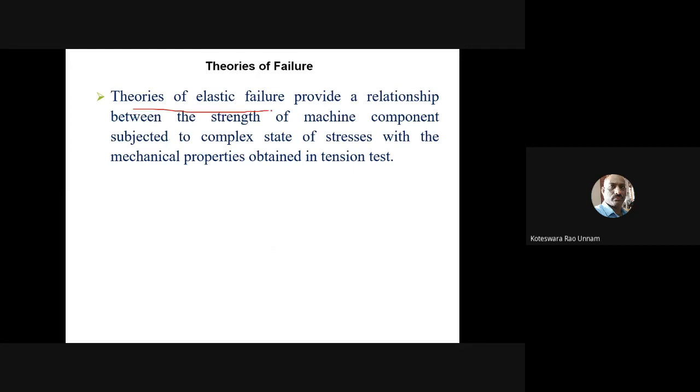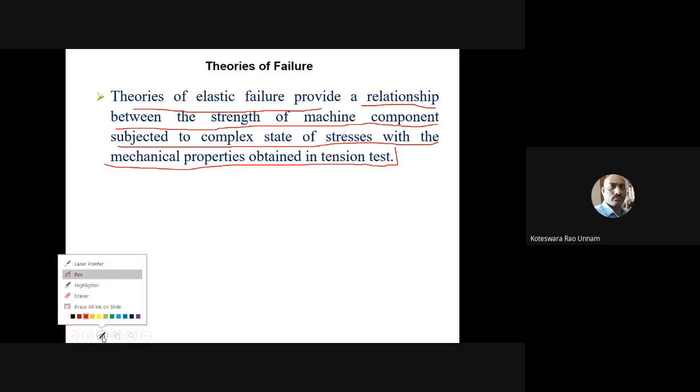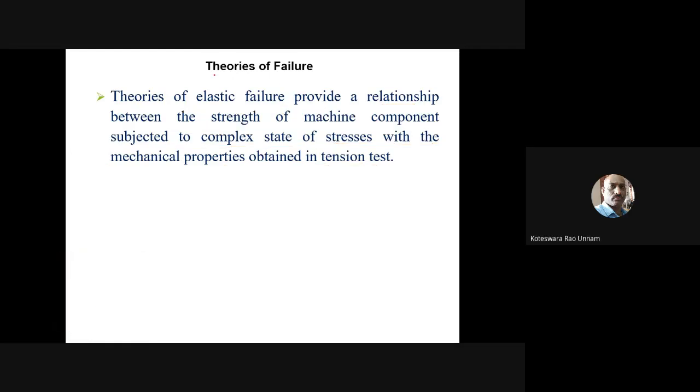Theories of elastic failure will provide a relationship between the strength of a machine component subjected to a complex state of stress and the mechanical properties obtained from the simple tension test. So these elastic theories of failure provide the relation between the complex state of stress in a member subjected to complex loads and the properties obtained from the tension test.